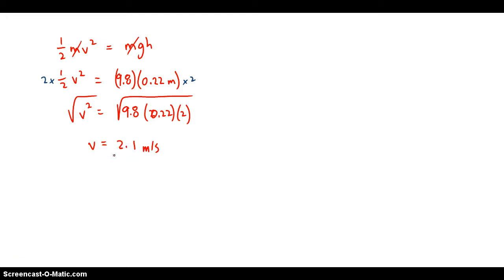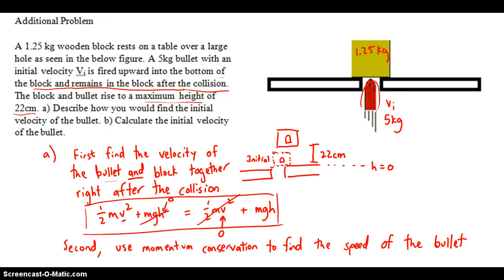Put it in your calculator and you find 2.1 meters per second. Alright. So let's go back. What did we just find? We just found what the initial speed of the bullet and the block were together. Remember, we said they had the same mass here as they did here.